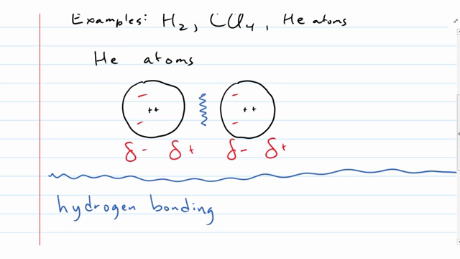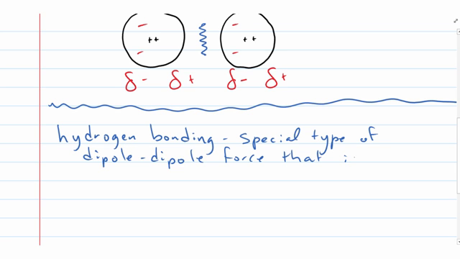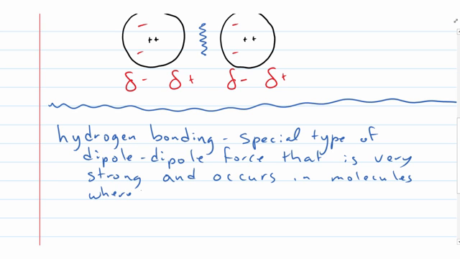In hydrogen bonding, we say it is a special type of dipole-dipole force that is very strong, and it occurs in molecules where hydrogen is directly bonded to either nitrogen, oxygen, or fluorine.